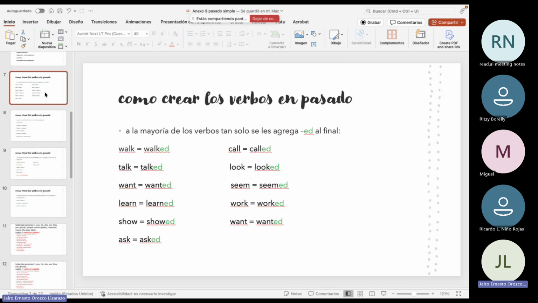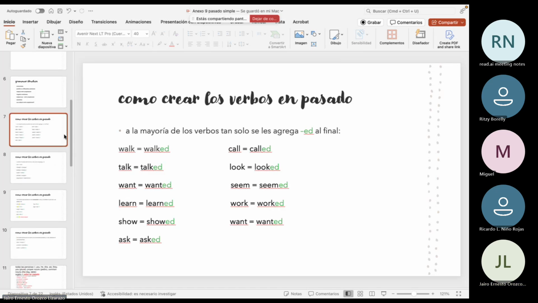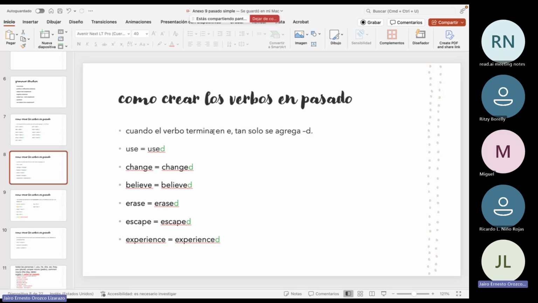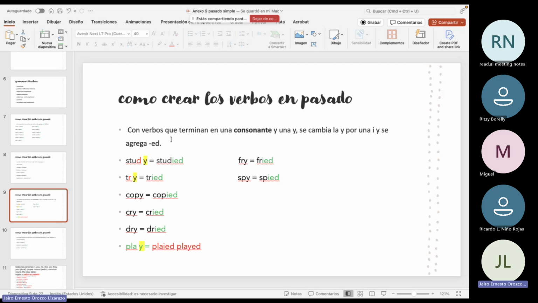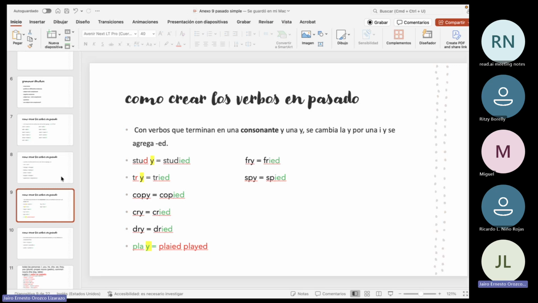So regular verbs, again, most of them you only add ed at the end. If the verb ends in e, you have to add d. If the verb ends in a consonant and there is a y after that consonant, you change the y to ied, right? Regular verbs.